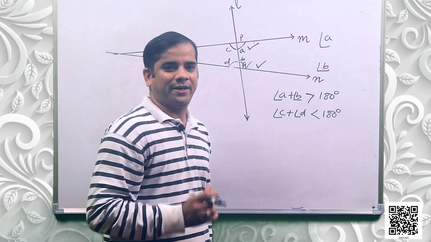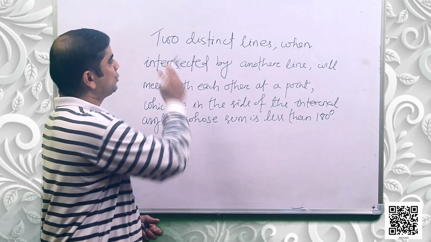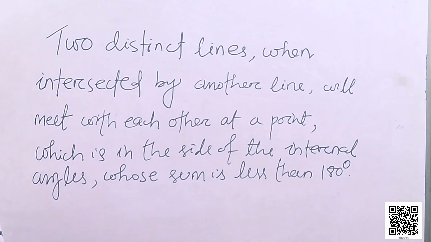You can note it. I repeat it again: two distinct lines when intersected by another line will meet with each other at a point which is on the side of the internal angles whose sum is less than 180 degrees. Hope you understood this.